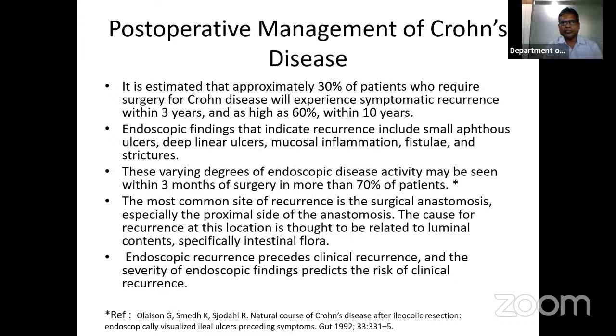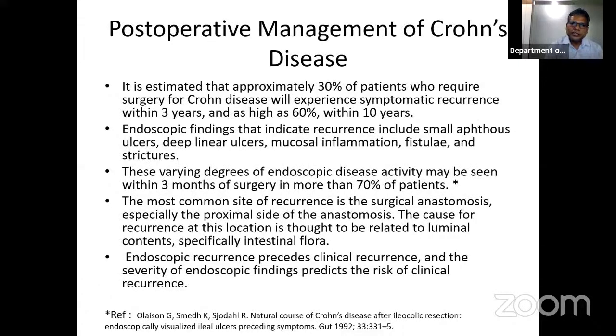This varying degree of endoscopic disease activity may be seen within 3 months of surgery in more than 70% of patients. The most common site of recurrence is the surgical anastomosis, especially the proximal side of the anastomosis. The cause for recurrence at this location is thought to be related to luminal contents, especially the intestinal flora.